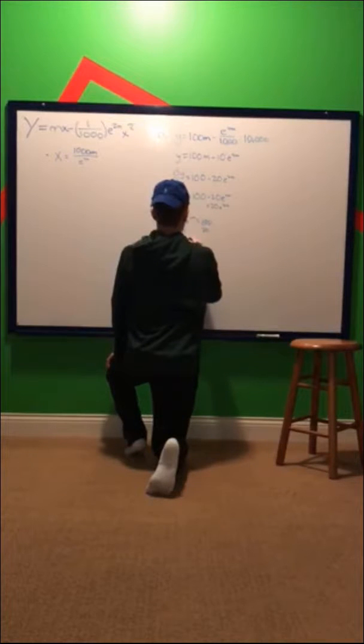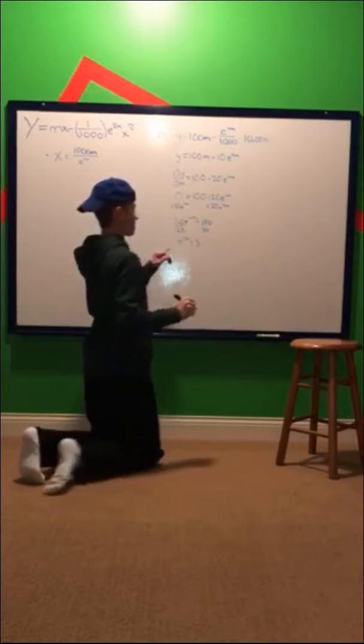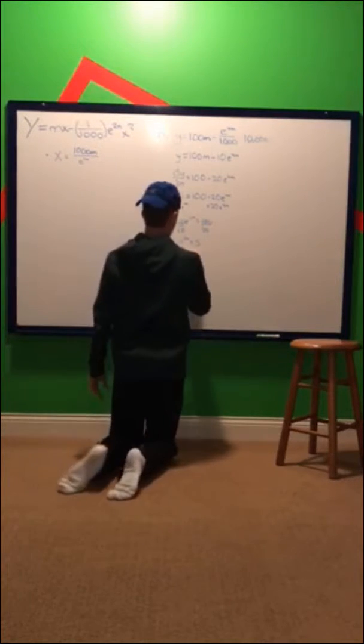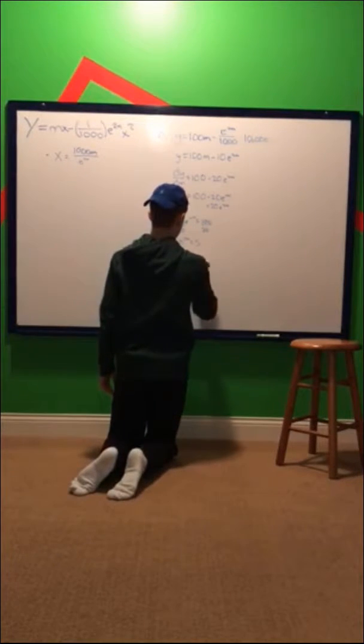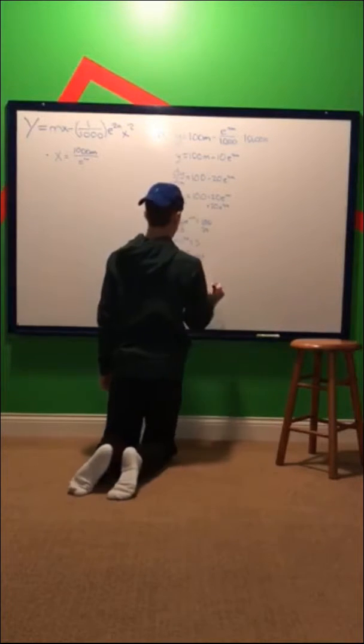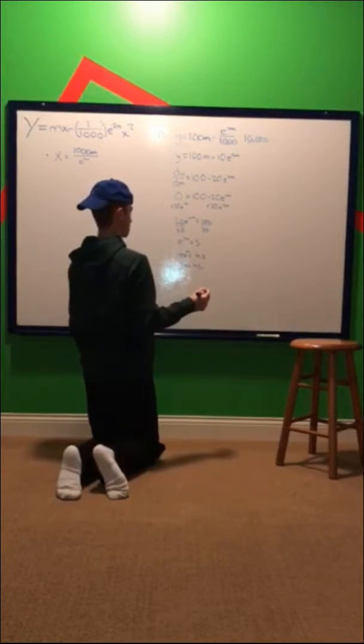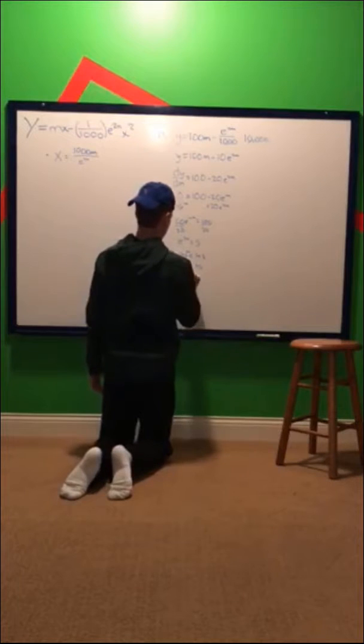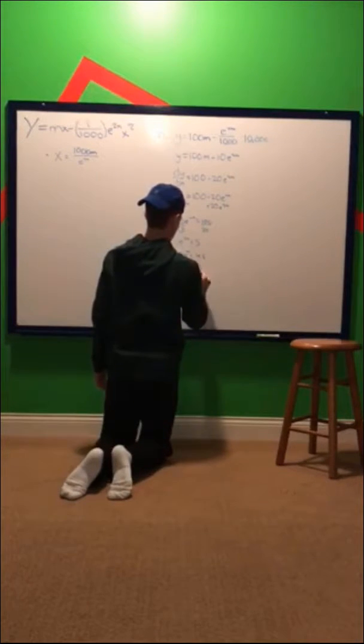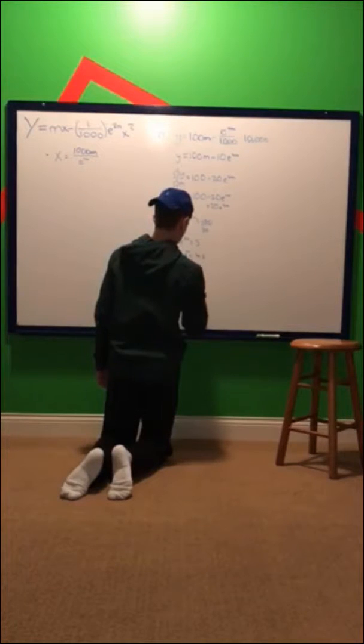And that'll leave you with e to the 2m is equal to 5. Now to solve for m here, we're going to take the natural log of both sides, cancel out the e. That cancels that, so we're left with 2m is equal to natural log of 5. So now to maximize y, you're just going to divide by 2. So then m is equal to 1/2 natural log of 5.